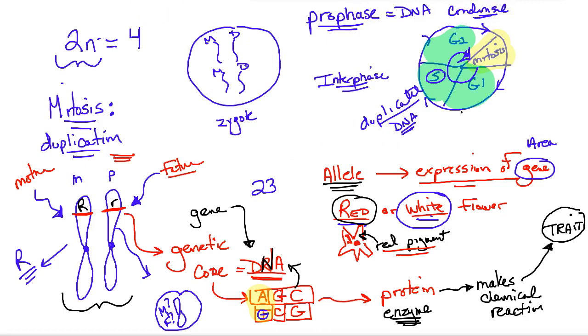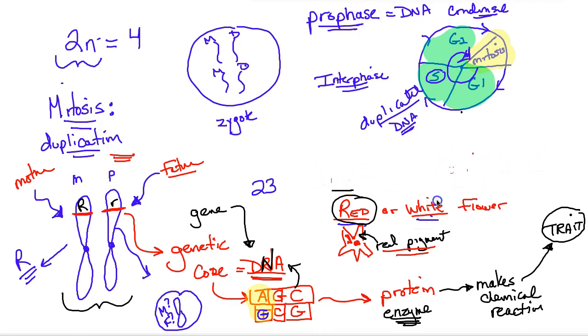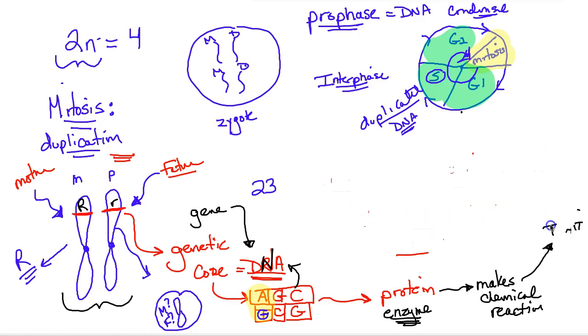Remember, most of the interphase, the growth cycle of this cell, most of the cell's life is in this stage. It's doing its cell job, and it's growing, and it's making or doing whatever job it's doing. And most of the time, it needs its DNA code to be elongated.